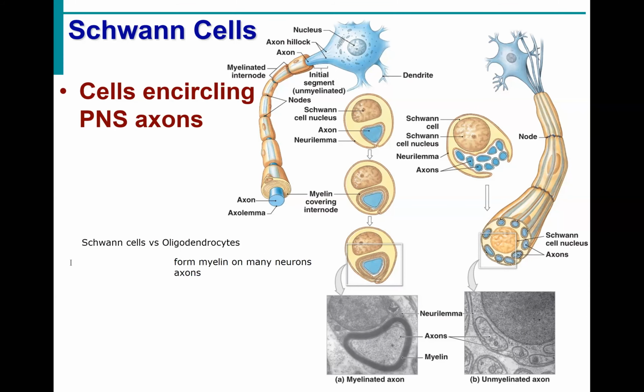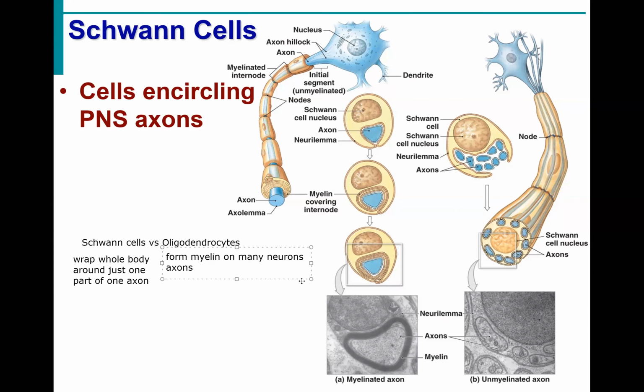Schwann cells wrap their whole body around just one part of one axon. So let's shorten that. And then this will be for the oligodendrocytes. All right, so they wrap their body.